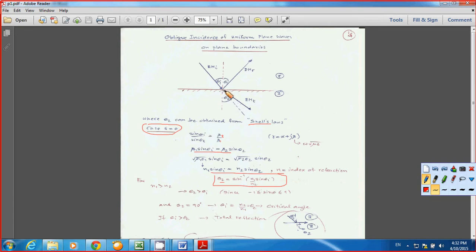When you increase the incident angle, you get a transmitted wave parallel to the boundary. In that case, theta 2 is 90 degrees, and you can find theta I from this equation.